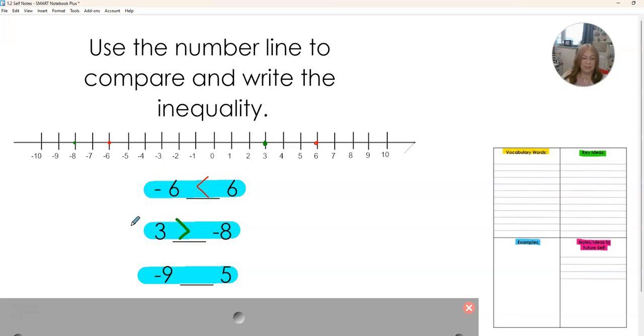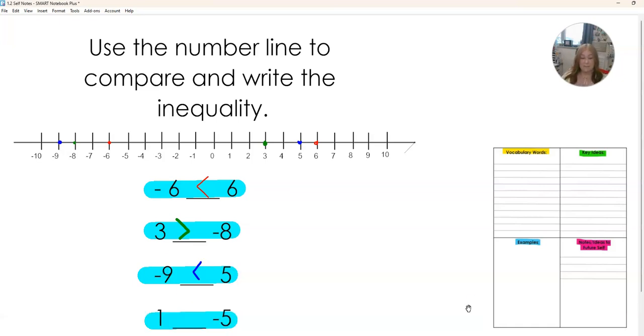So our next example has -9 and 5. I can see 5's to the right, so 5 is greater. So this reads -9 is less than 5. But I could also read it backwards, and I could say 5 is greater than -9. Okay, our last one here, we have 1 and -5.